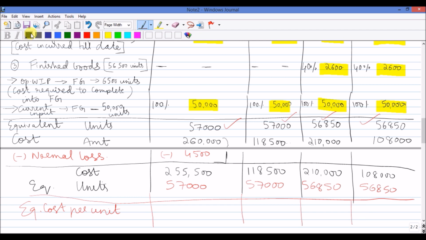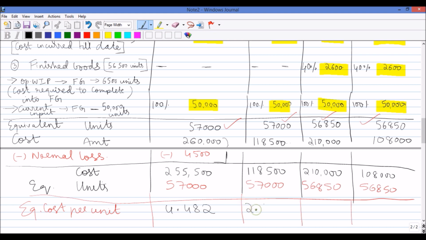And let us divide it. So it's a big sum. 255,500 we need to divide by 57,000 units. 4.482. Kindly round off to 3 decimal points, because if you don't, you are going to get a 50 or 100 rupees difference in your process account. So it's better to take 3 decimal points. 118,500 I am going to divide by 57,000.